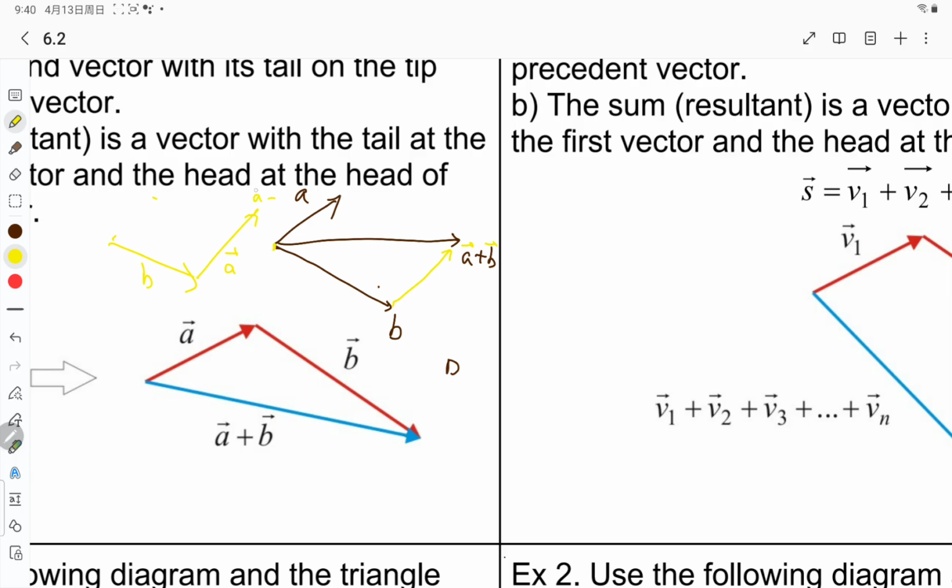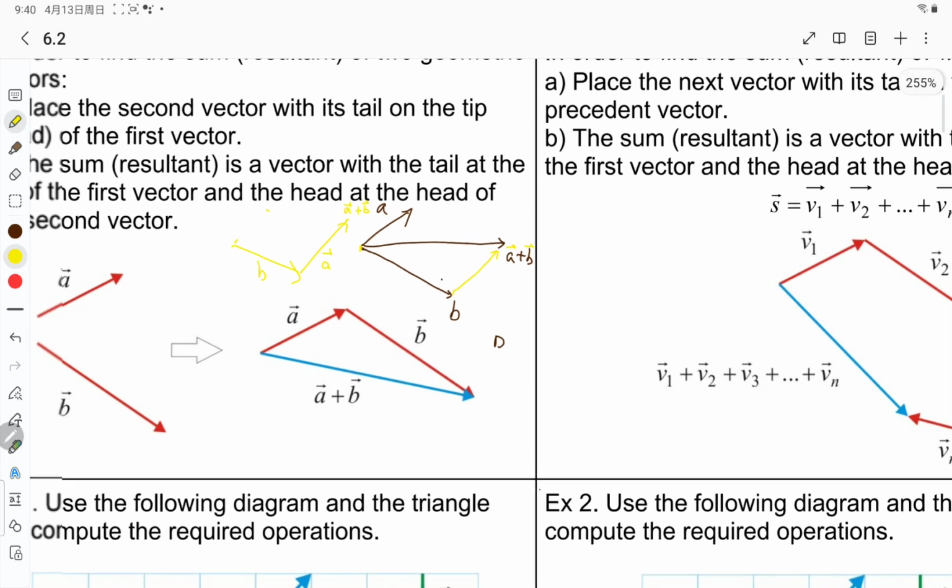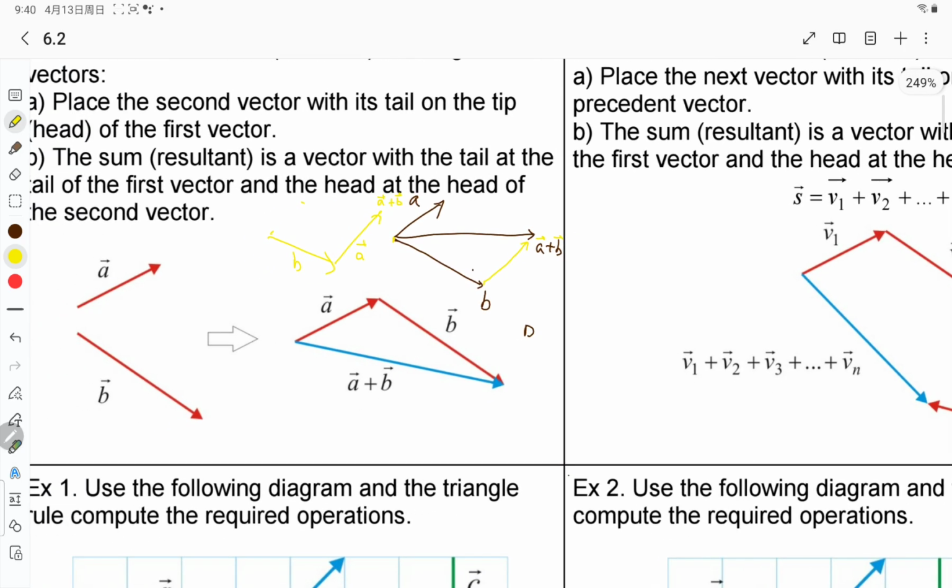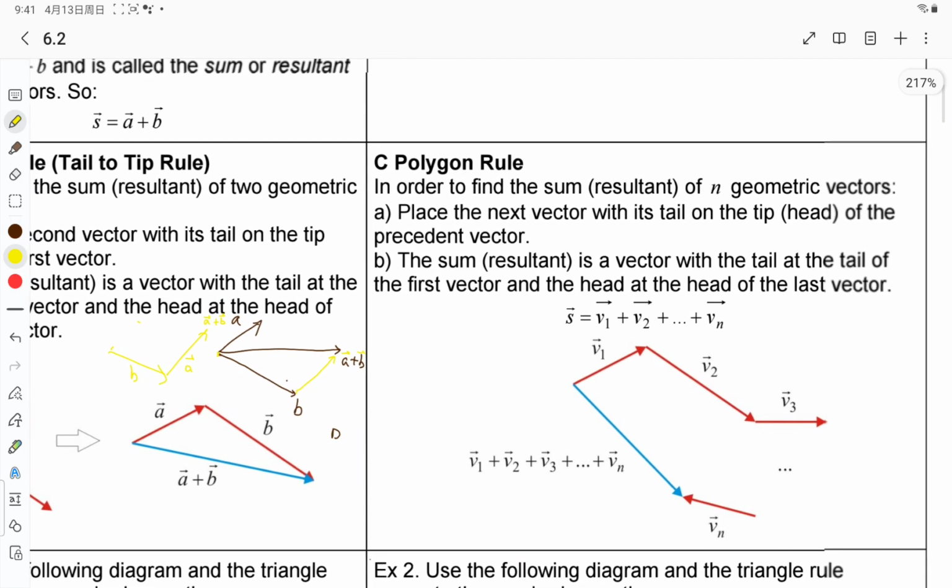And then this becomes A plus B. And then A minus B, the same thing, we use this minus B, and you can draw minus B with the opposite direction, and then we travel along those vectors, okay?